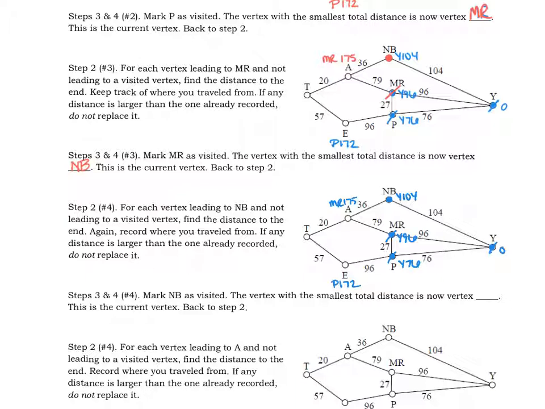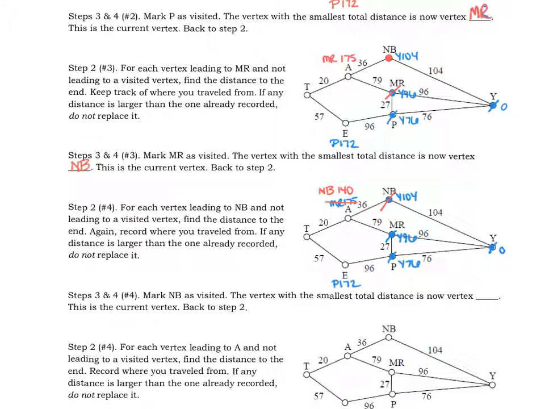Notice that is better than 175 minutes. So I'm going to cross out the 175 minutes and replace it with a total of 140 minutes, and that's if we go through North Bend, not Mount Rainier.